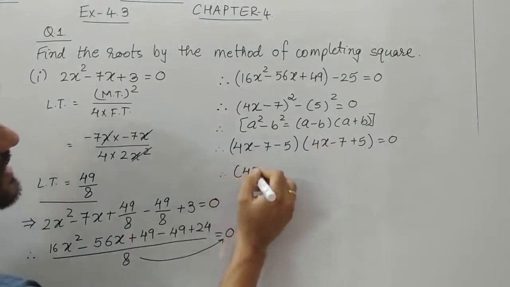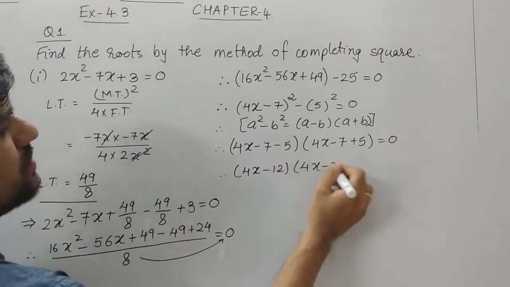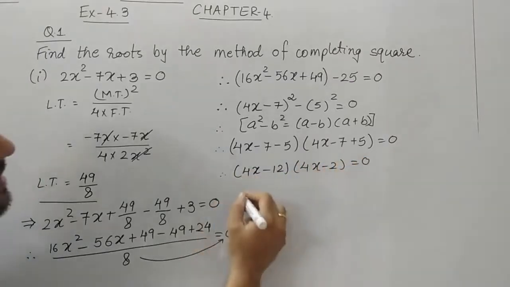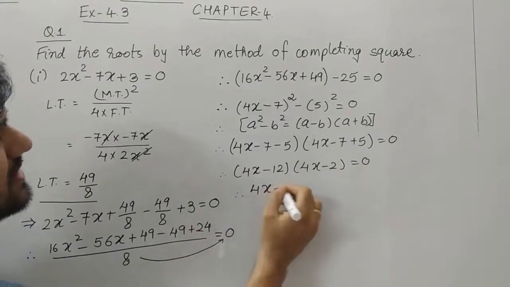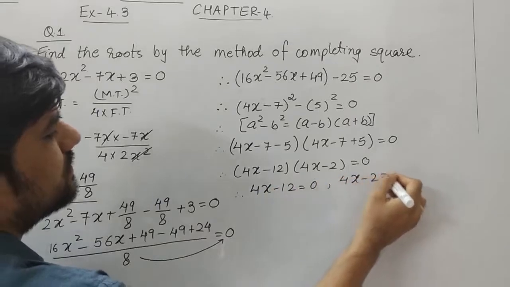So it is 4x, these both are like terms, minus 12, and 4x minus 2. So we can write here 4x minus 12 equals 0 and 4x minus 2 equals 0.